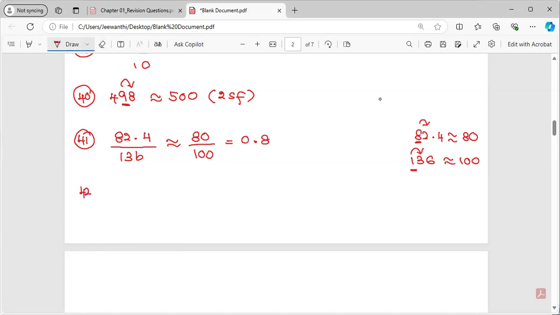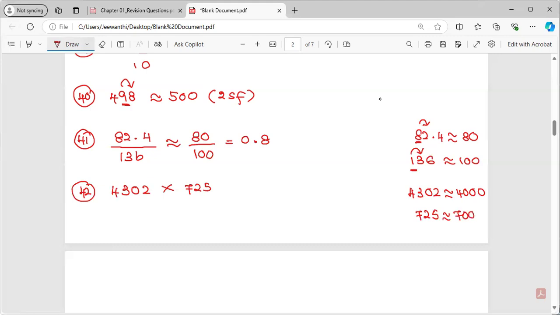Question number 42. I have 4,322 multiplied by 725. Again, what I do, 4,322 is approximately equal to 4,000, and 725 is approximately equal to 700.